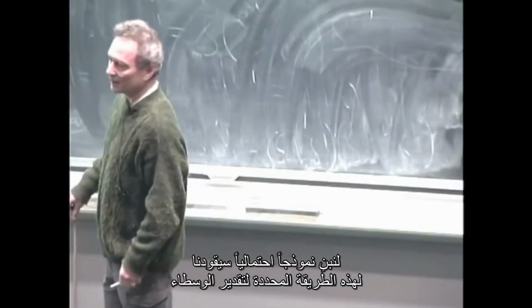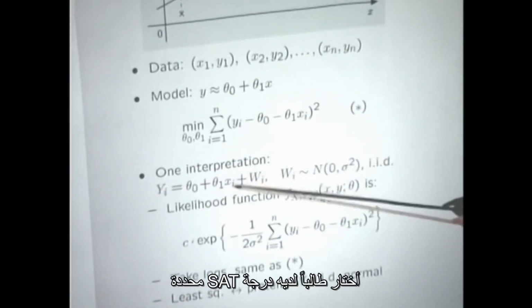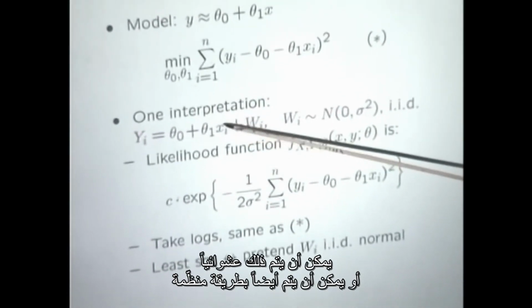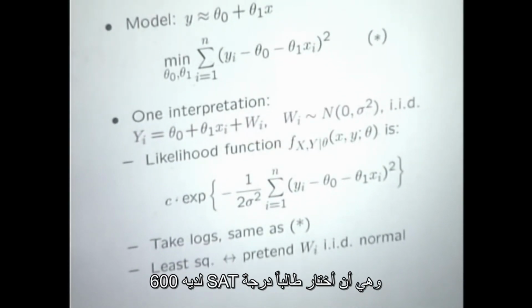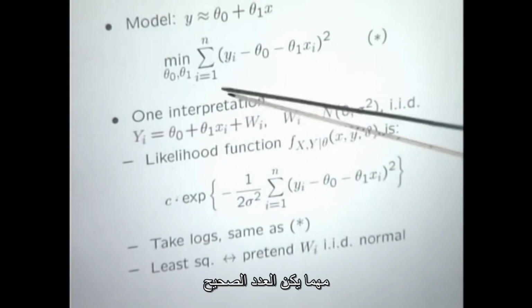So let's make a probabilistic model that's going to lead us to this particular way of estimating the parameters. So here's a probabilistic model. I pick a student who had a specific SAT score, and that could be done at random, but also could be done in a systematic way. That is, I pick a student who had an SAT of 600, a student of 610, all the way to 1400 or 1600, whatever the right number is.